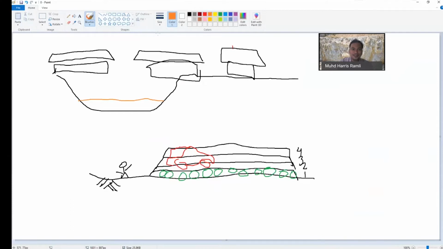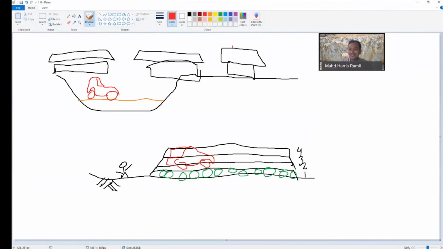So when you need to fill this hole, that's why you need to do the compaction, okay?